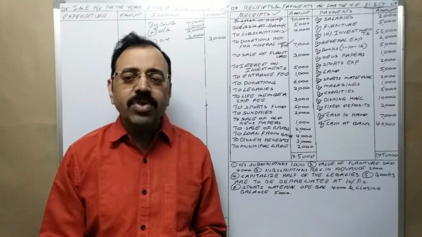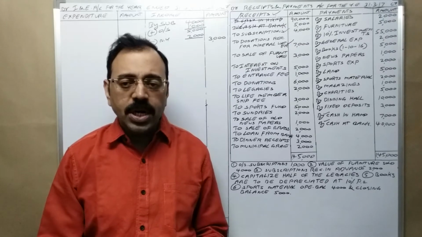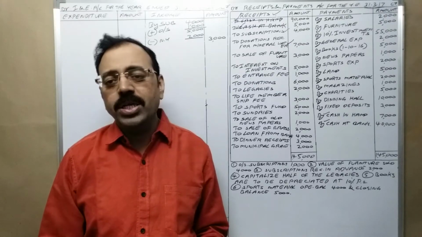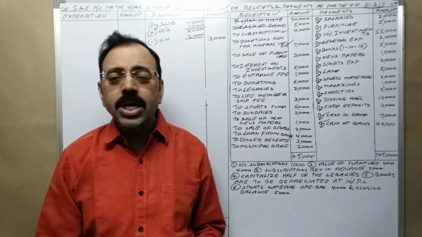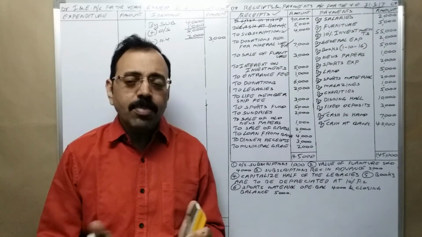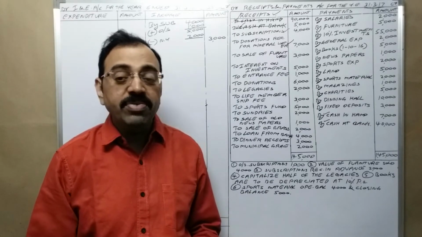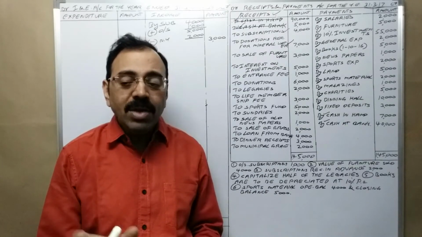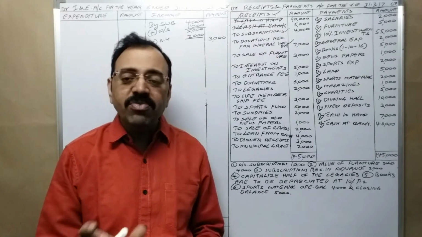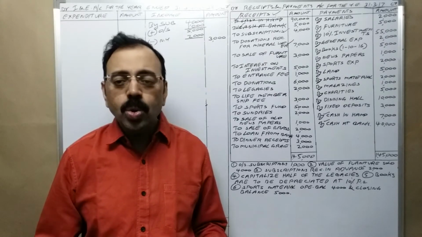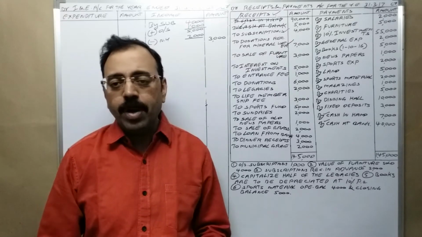This donation is divided into two types: general donation, specific donation. General donation means what? That money we can use for any purpose. Specific donation means money will be given for a specific purpose. We should use that only for that purpose.